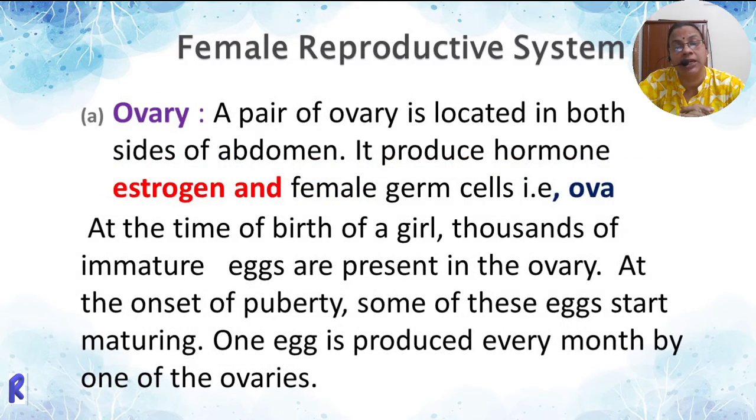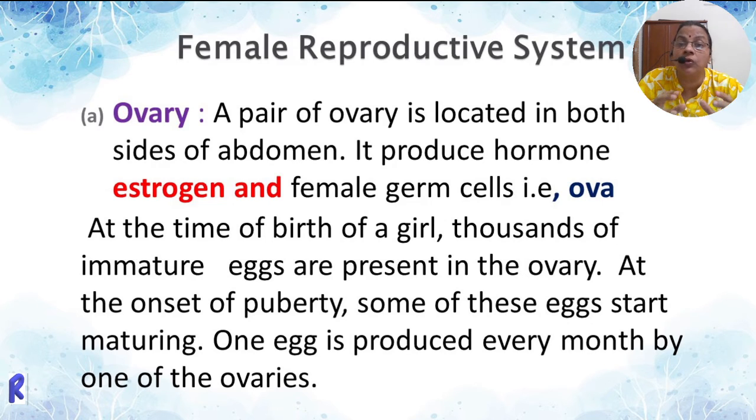Then, more or less the same way, the female reproductive system is present within the female body. The main sex organ of the female is a pair of ovaries, located on the sides of the abdomen, within the body cavity.